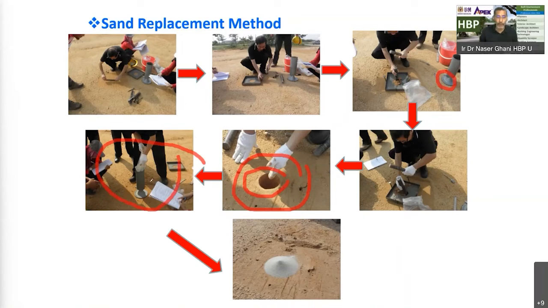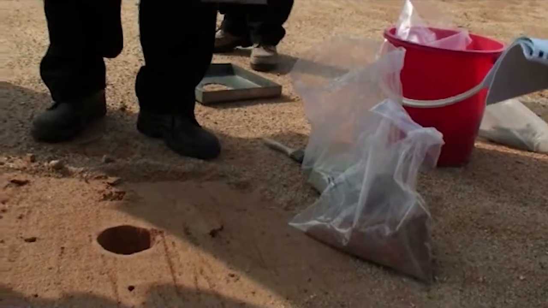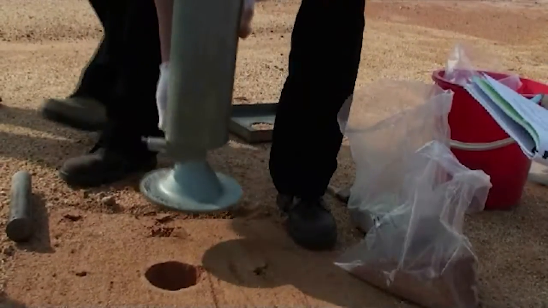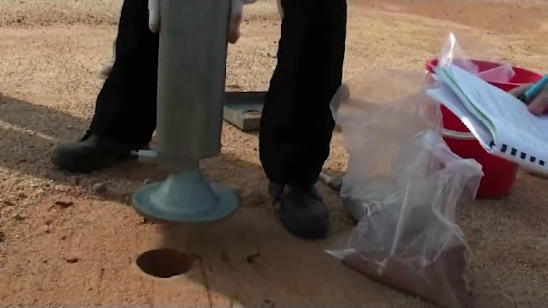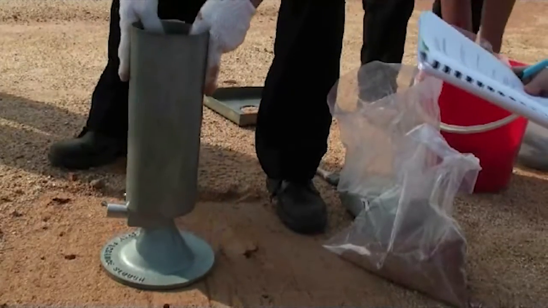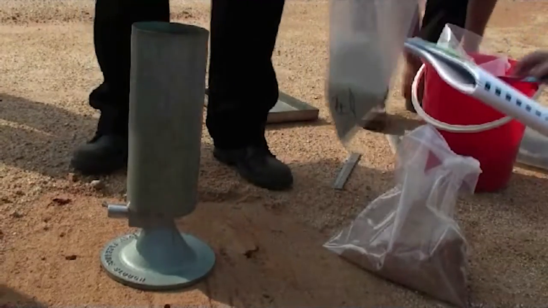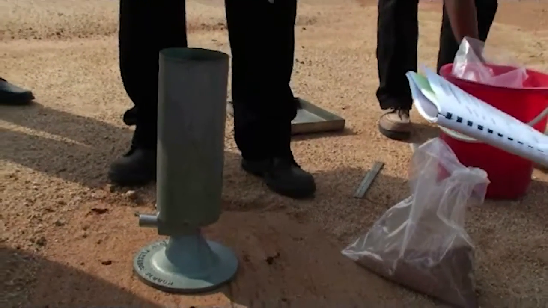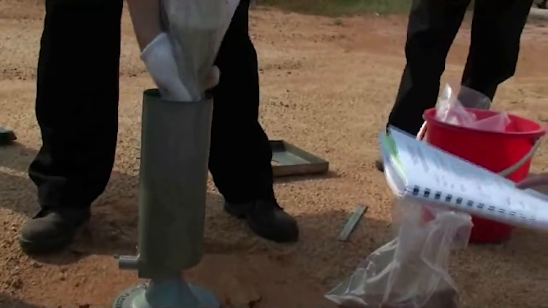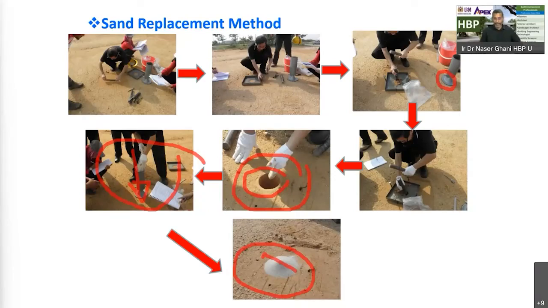We are filling up the hole with sand. Sand goes in. Now, after the sand fills up the hole, we will see that there is remaining sand above the hole. It looks like a cone, right? Because that is the remaining sand from the cone.